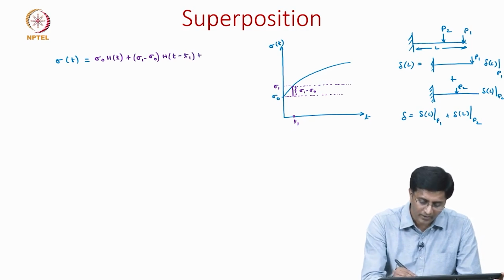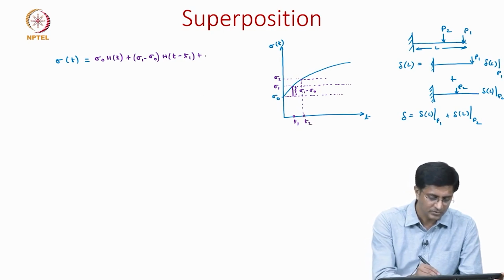And now I can take another step. Let us say the corresponding stress is sigma 2 at time t2. Of course, one can now write it as sigma 2 minus sigma 1 times the Heaviside function applied at time t2.